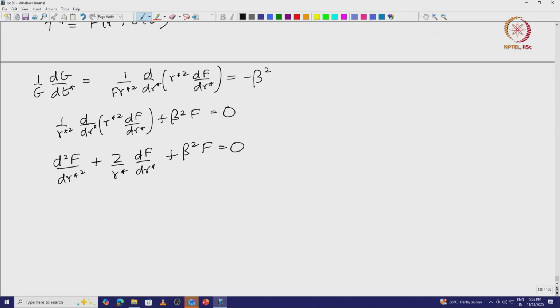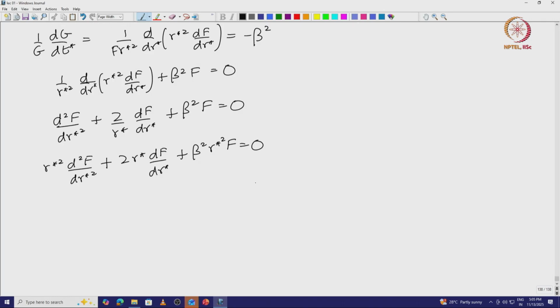Turns out that this can be solved analytically. Alternatively, you can multiply throughout by r square and you will get r square d square f by dr square plus 2 r df by dr plus beta square r square f is equal to 0.